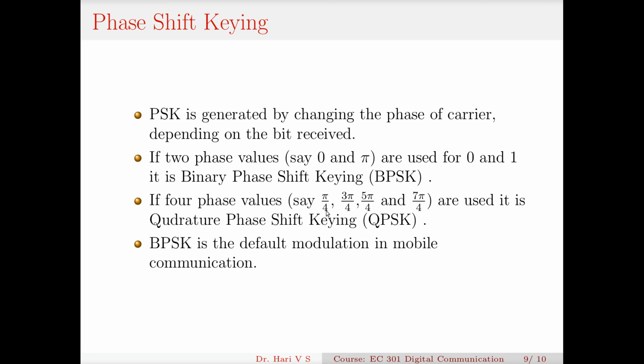The bits to be transmitted come to my digital modulator. So I take the first two, and if it is a 0 0, I assign a phase pi by 4. If it's a 0 1, I may assign a phase 3 pi by 4. If it's a 1 0, I assign a phase 5 pi by 4. If it's a 1 1, I assign a phase 7 pi by 4. It may not always be in that sequence, so that is one possibility.